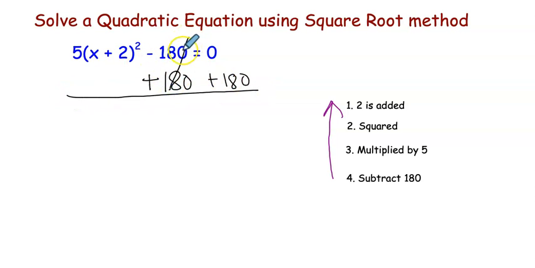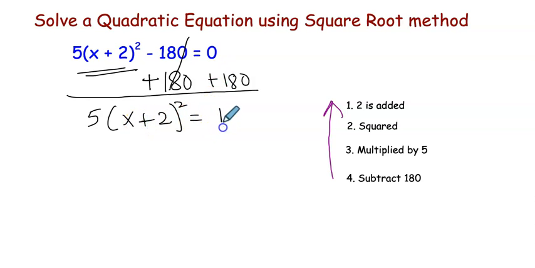Gone. Minus 180 plus 180 cancelled. So, you are left with this part. 5 times (x plus 2) whole squared is equal to 0 plus 180, which is 180. Then, what happened? 5 times (x plus 2) whole squared is 180.